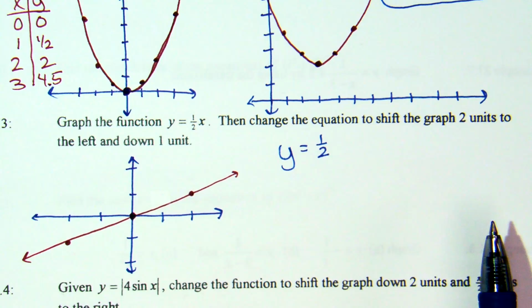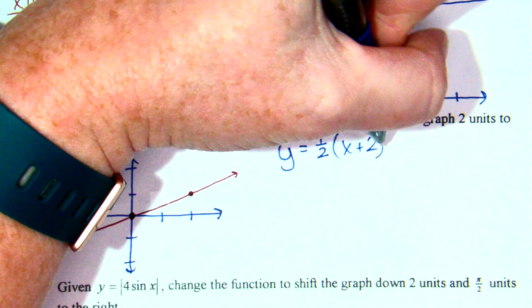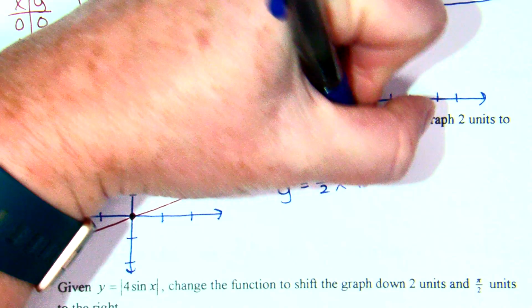Do some math. We do some simplifying. Distribute the 1/2. I have 1/2 x plus half of 2 is 1 minus 1. What happens? It's the same line. Okay? Because the translations they were having me do were the same thing as the slope.